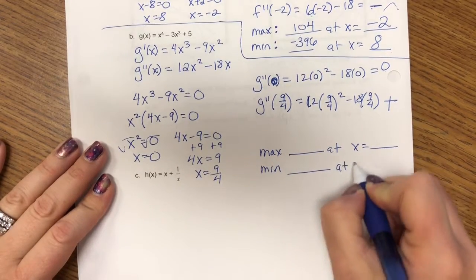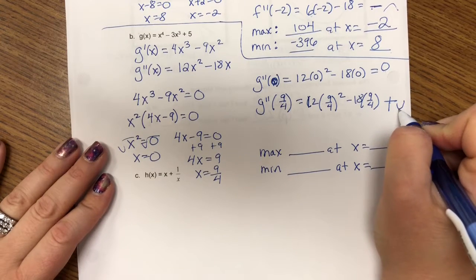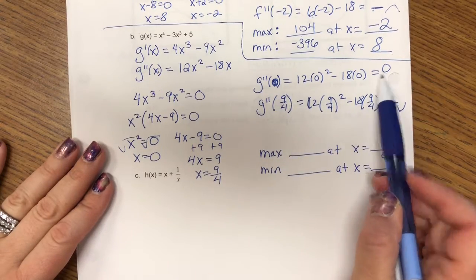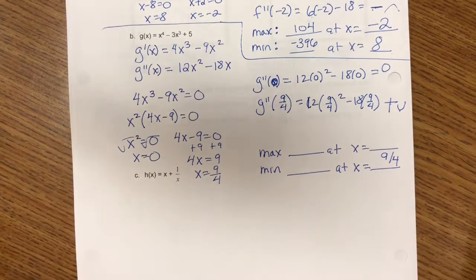Let me set up to write my answers. So positive means concave up, which is a minimum at 9/4. But let's figure out this 0. 0 is not positive or negative, so unfortunately this second derivative test does not work for this situation.